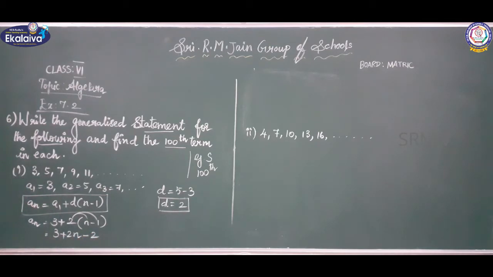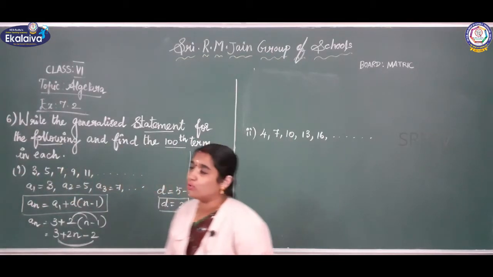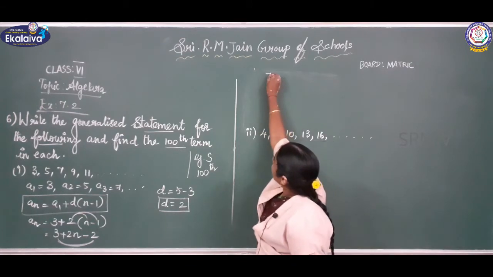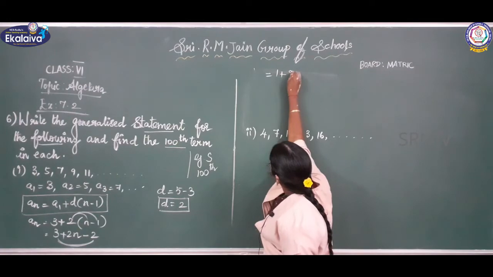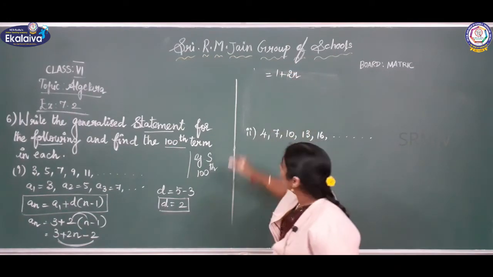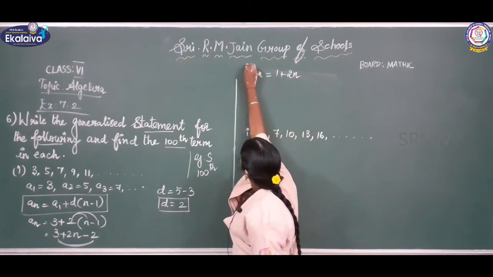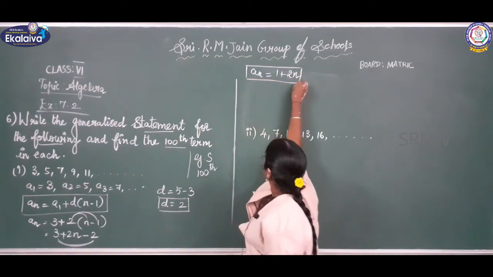Minus 2. Okay. Now you can subtract this. 3 minus 2. What is 3 minus 2? 1. Is it clear? So 3 minus 2 is what? 1 plus 2n. So this is your generalized term I am finding here. Okay.